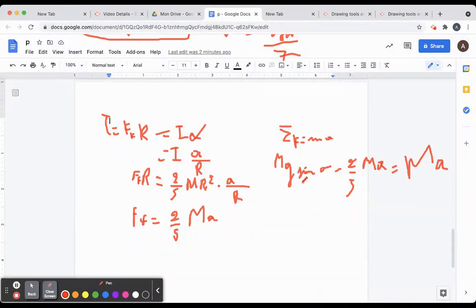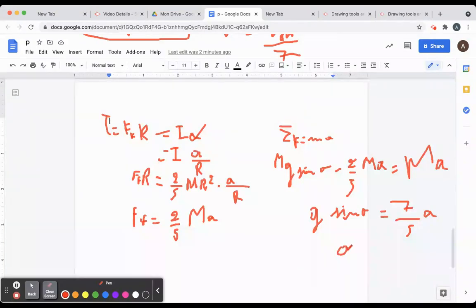And we can find that g sine theta is equal to 7 over 5 A. And we can remove the mass from all of this.